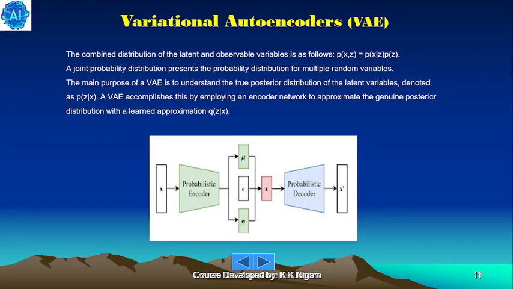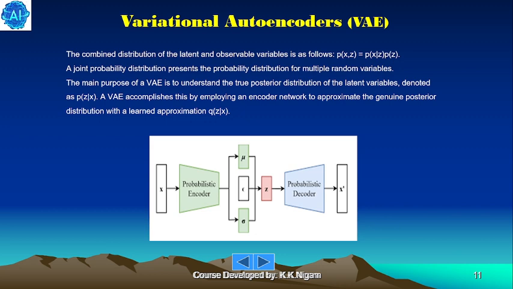The joint distribution of the latent and observable variables is as follows. That is, P(x, z) is equal to P(x|z) times P(z). The joint probability distribution presents the probability distribution for multiple random variables.